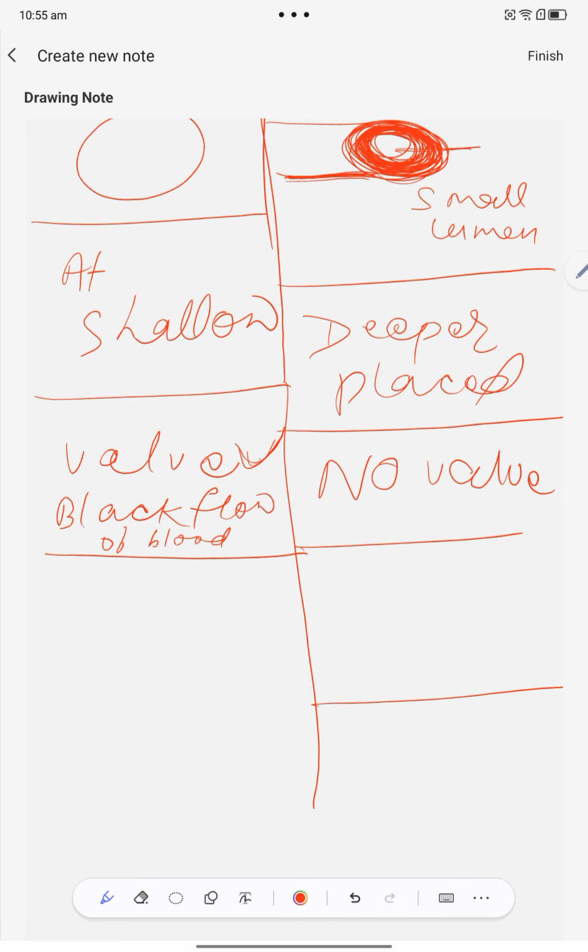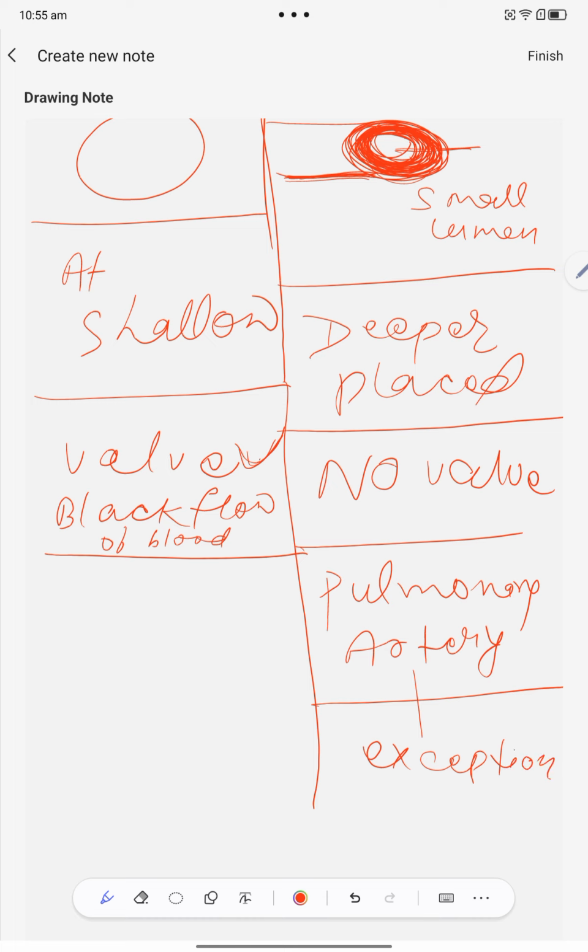And one more difference, that is, the pulmonary artery. It is an artery, so it should carry oxygenated blood, but it is an exception. It carries deoxygenated blood.